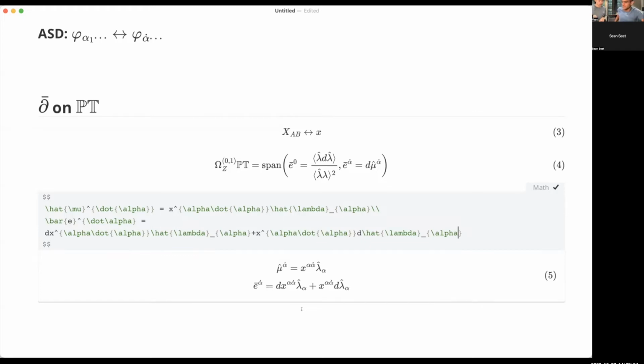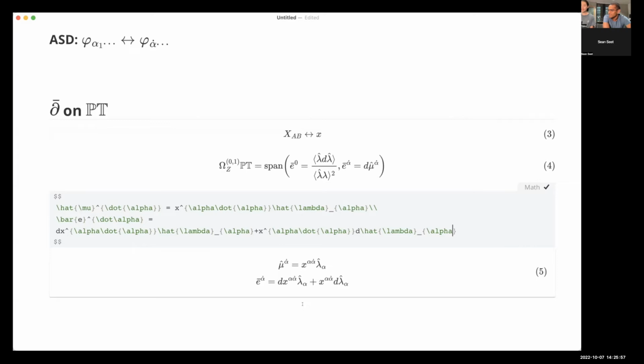This twistor space is like a fibration of CP1 over R4. So you have the CP1s parameterized by lambda, and then you have the mu, which is complex and has the R4's worth of information, which I can write down. Let me stop sharing. You can share.